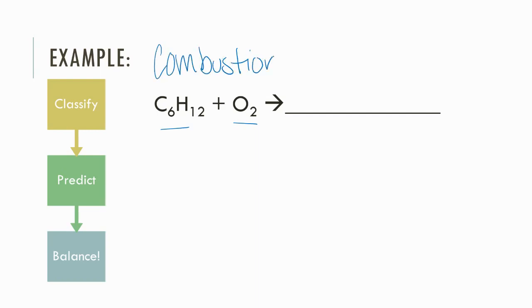So that's my step 1, classify. Based on my reference table and what we just talked about, my predict step is going to tell me that my products need to be carbon dioxide and water. Okay, so I'm going to rewrite the whole thing in a better setup to be able to balance.